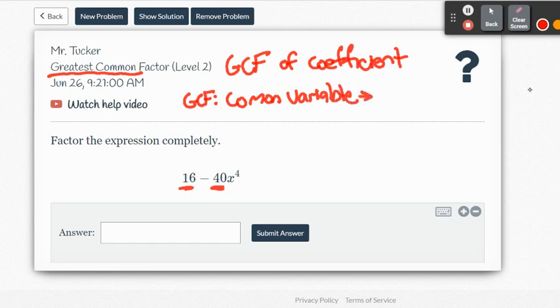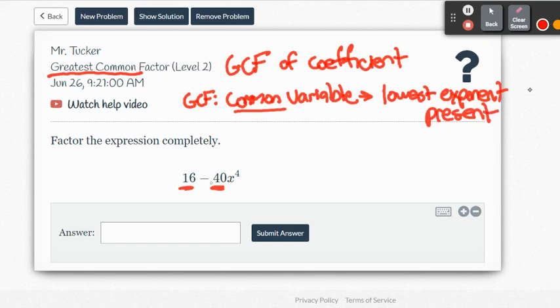Now, specifically, we're looking for a common variable, and then we're looking for the most amount that they have in common. So we find the lowest exponent present on any variable that we have in common.